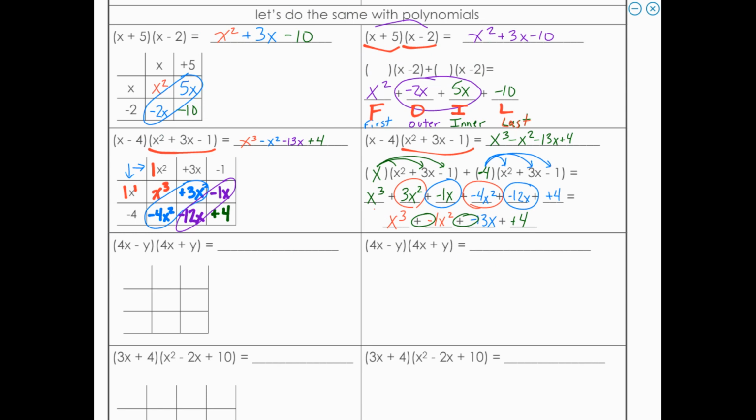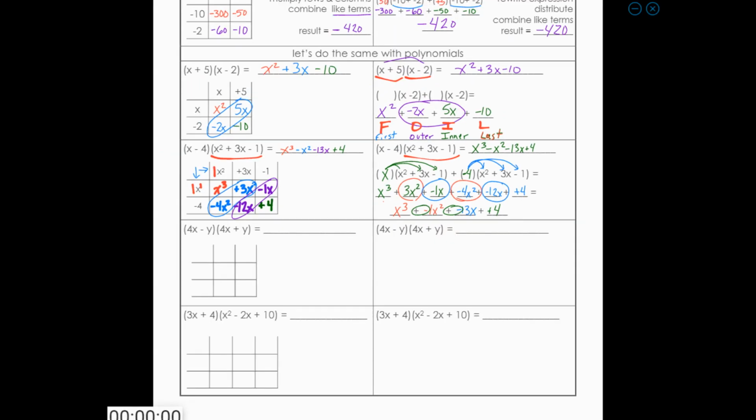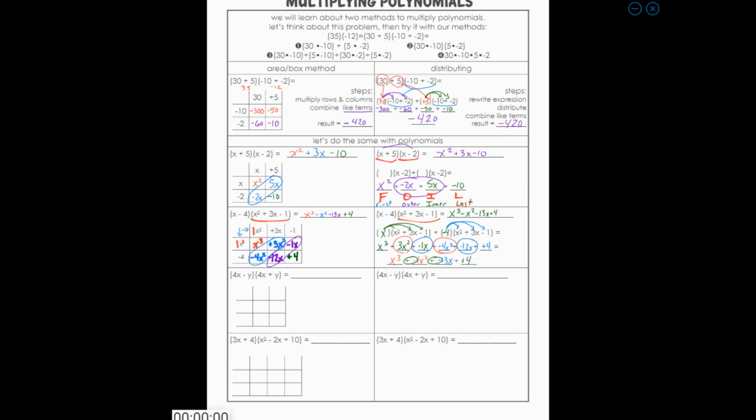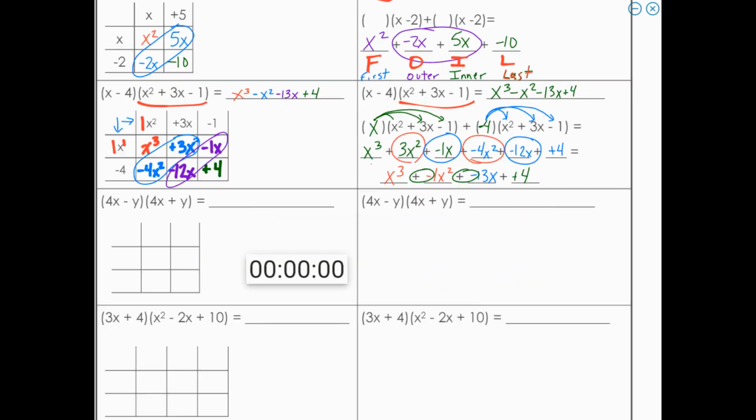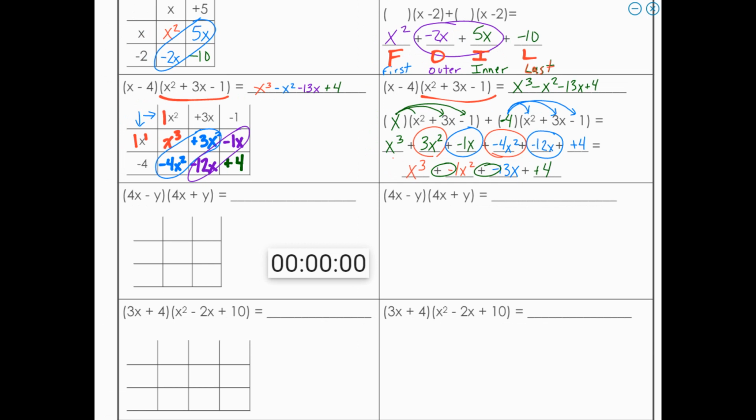Now I'm going to give you a moment. And I want you, first off, to tell me whether or not you prefer, we're going to take a vote by hand. Okay, do you prefer the box method or the distribute method? So who prefers the box method?